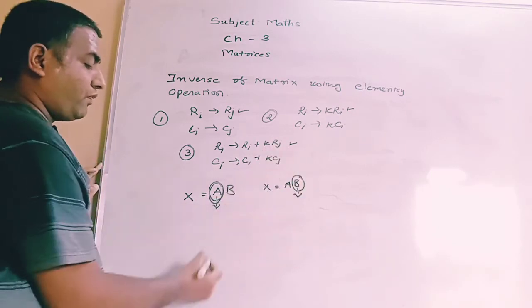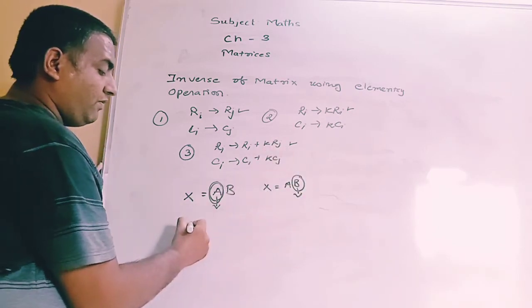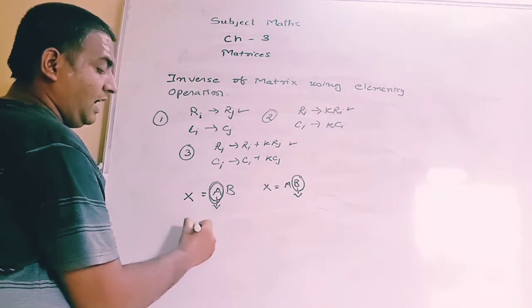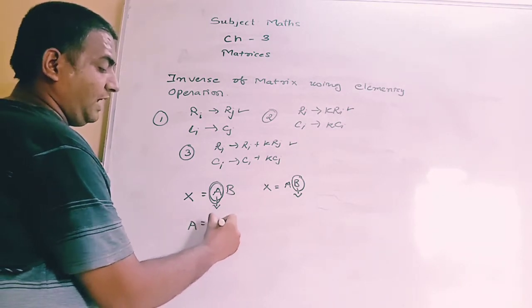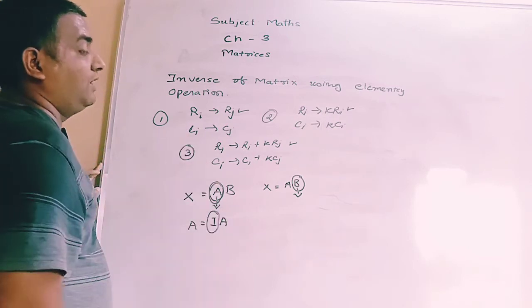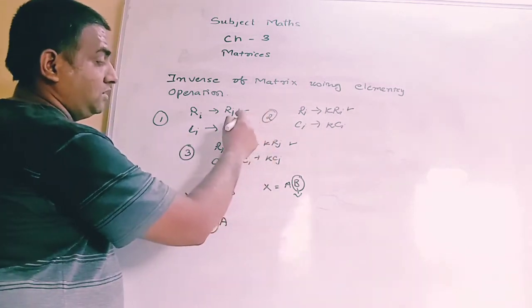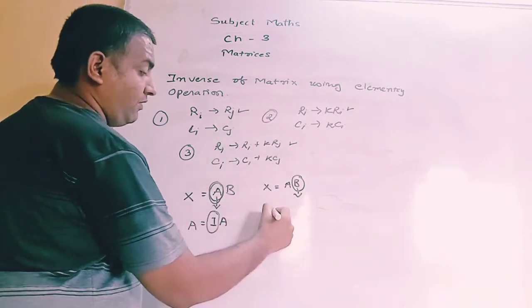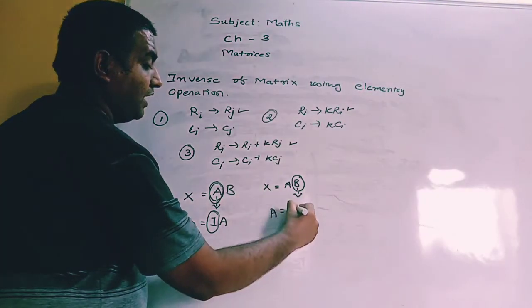So if you want to find the inverse, then we will write A equals IA and apply the operations on this I. If you want to use column elementary operations, then we will write A equals AI.